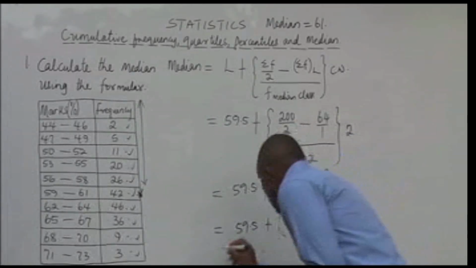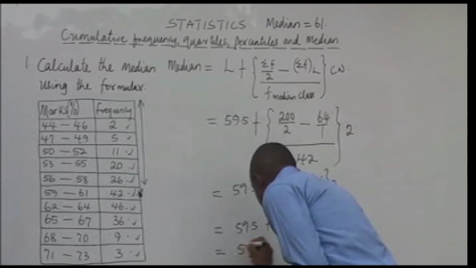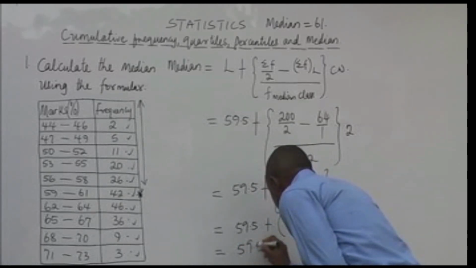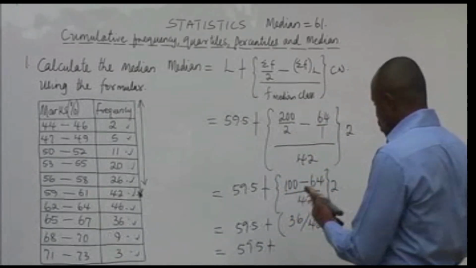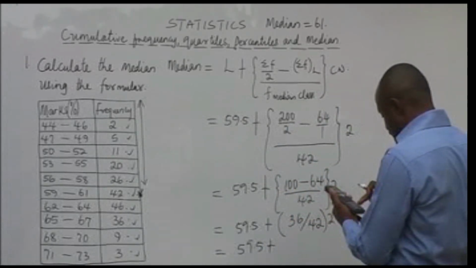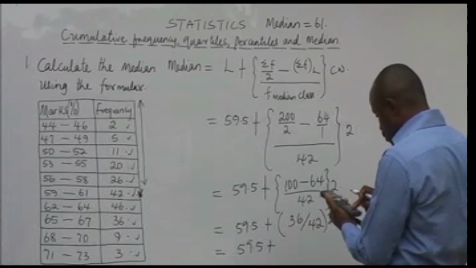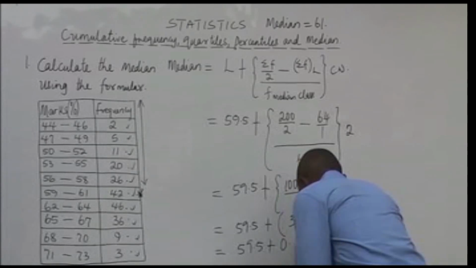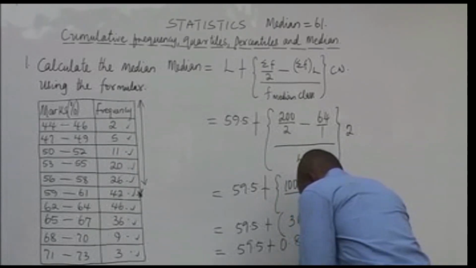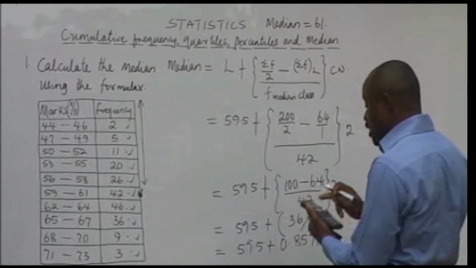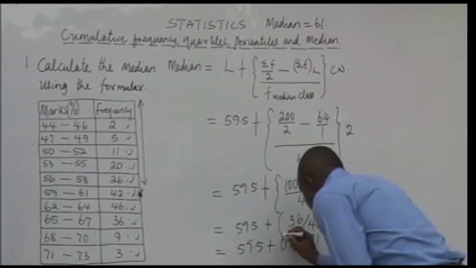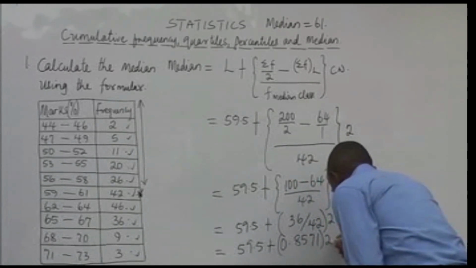So let's still go one step down before we go up there. So we have 59.5 plus, let's see what we have inside the bracket. 36 divided by 42 is giving us 0.8571 in 4 decimal places. It continued, but let's take it here in 4 decimal places. Whatever you have here now, times 2.